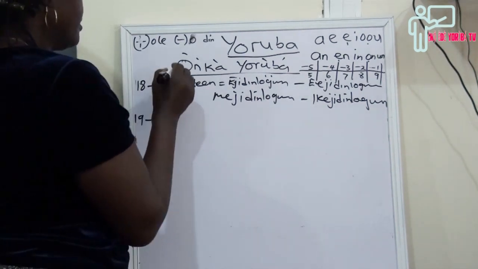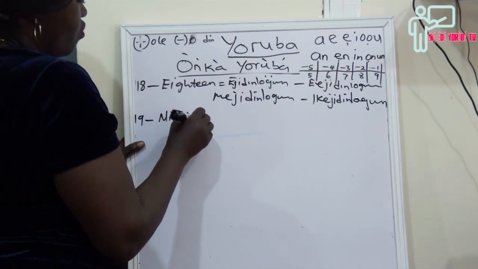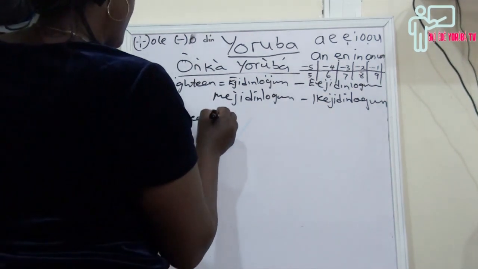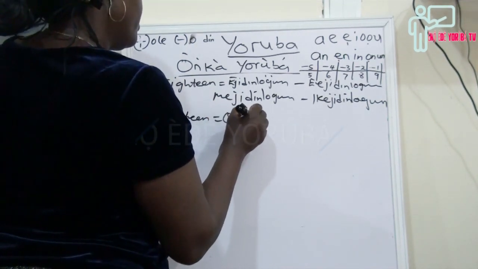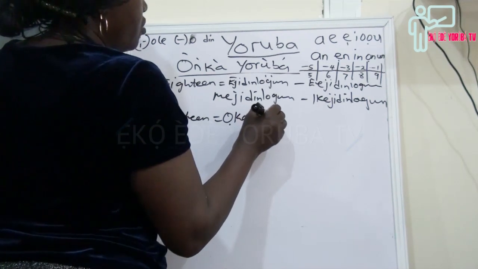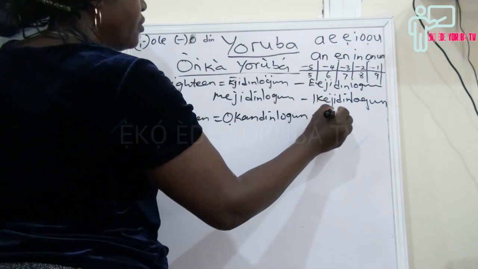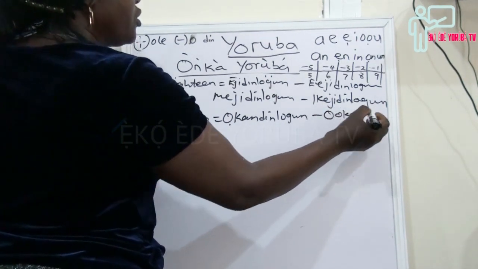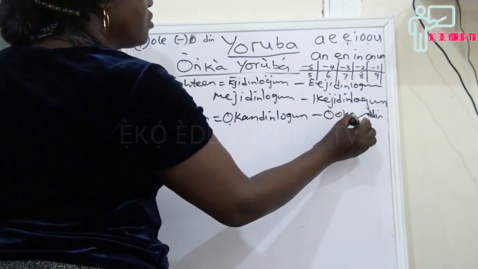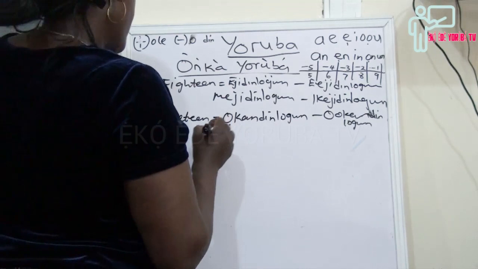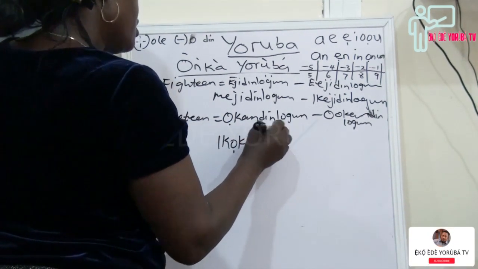19. Ọ̀kàndínlógún. You can say ìkọkàndínlógún.